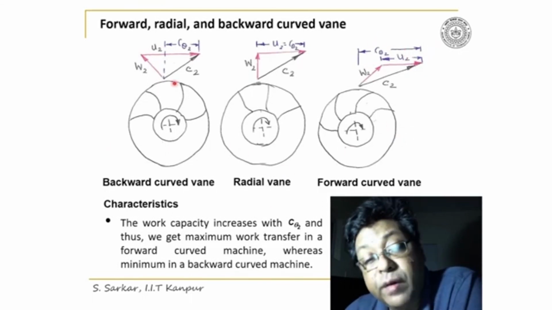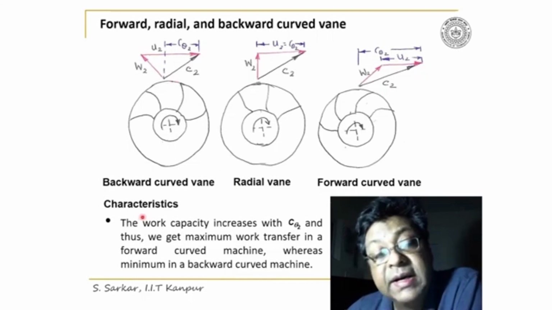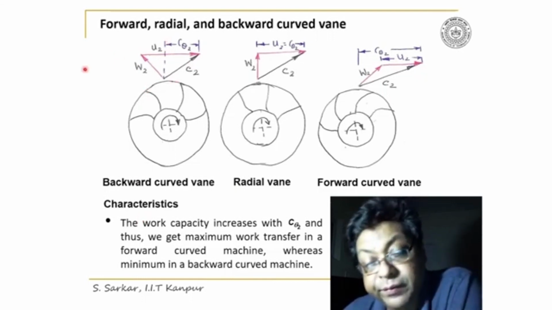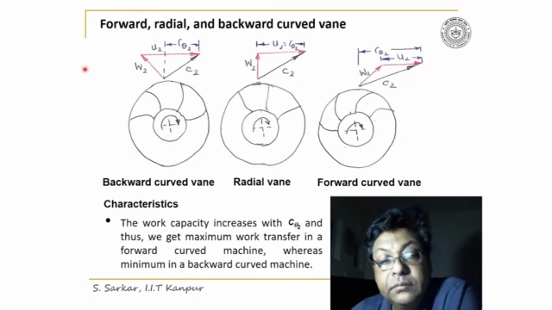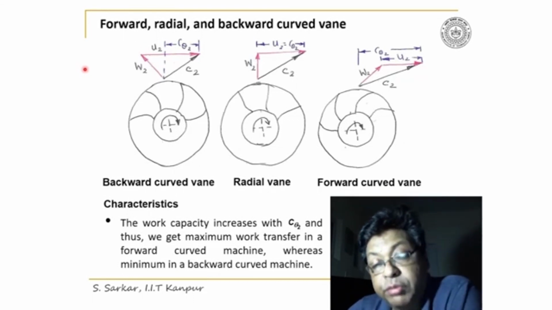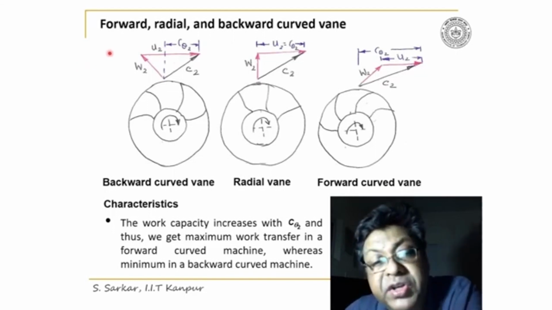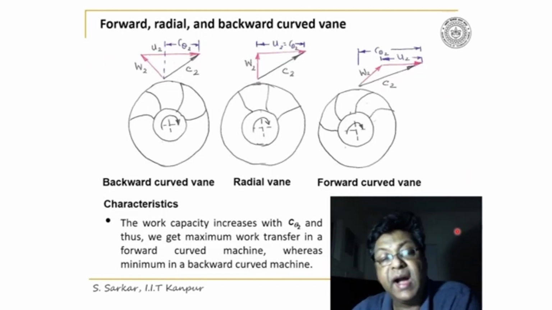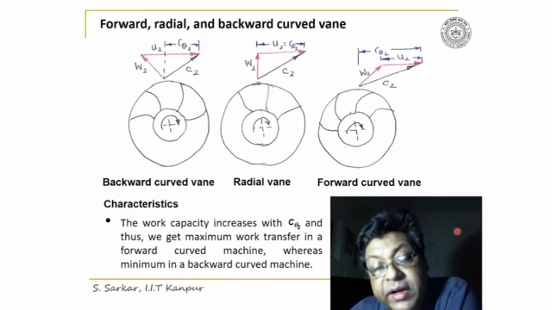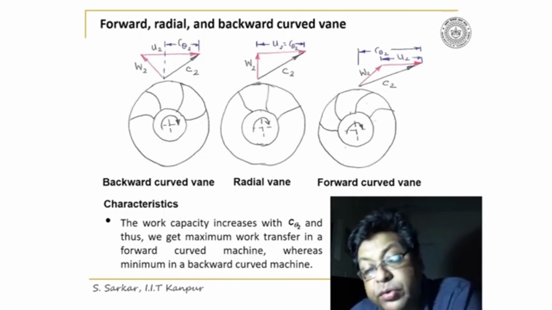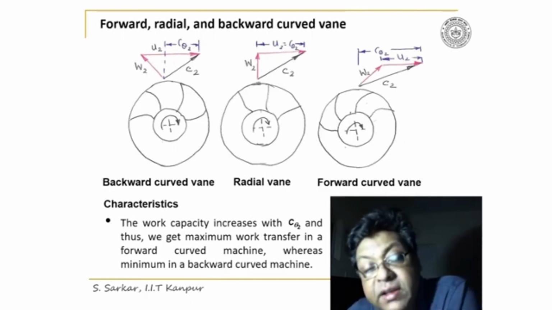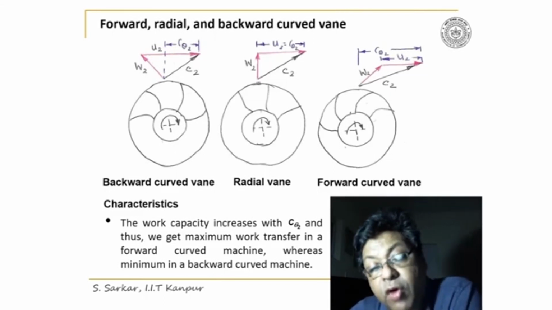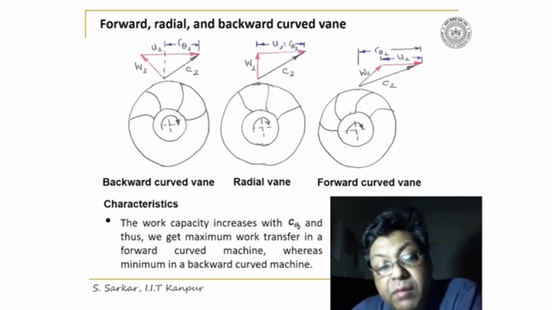Similarly, the projection of w2 in the tangential direction will give you w theta 2. So what are the characteristics of this? Immediately from the velocity triangle, I can appreciate that work capacity increases with c theta 2, and thus it is maximum for forwardly curved vane and minimum for backwardly curved vane.